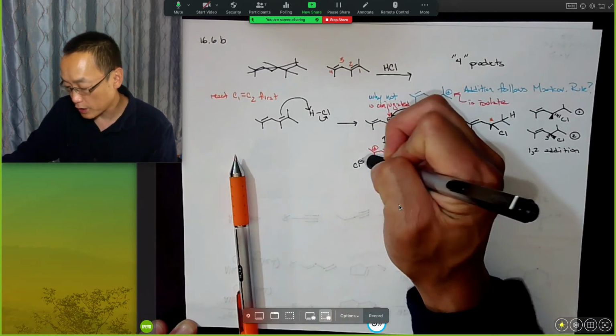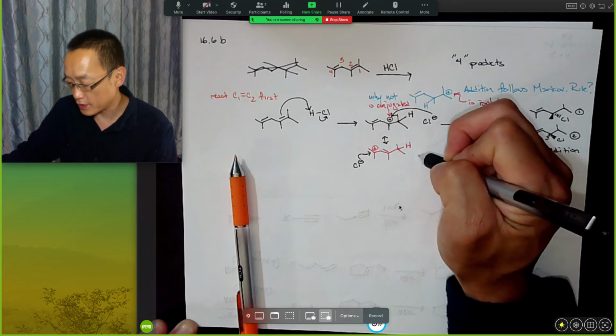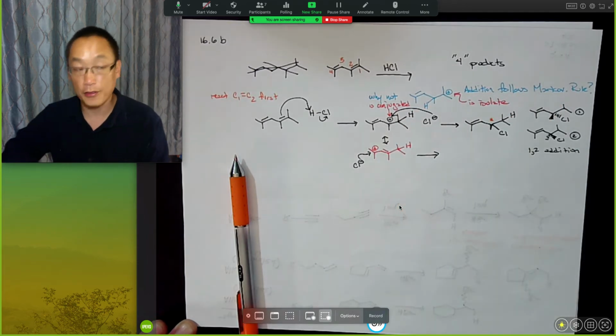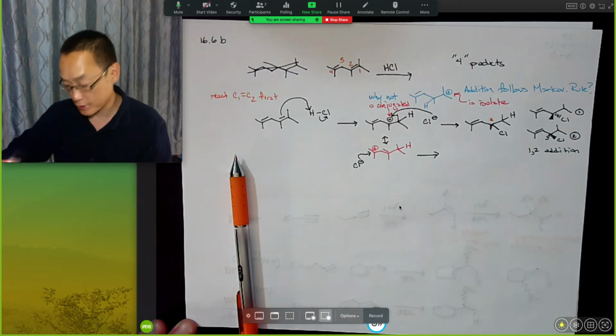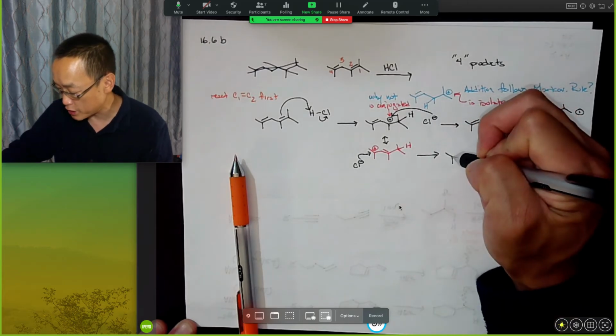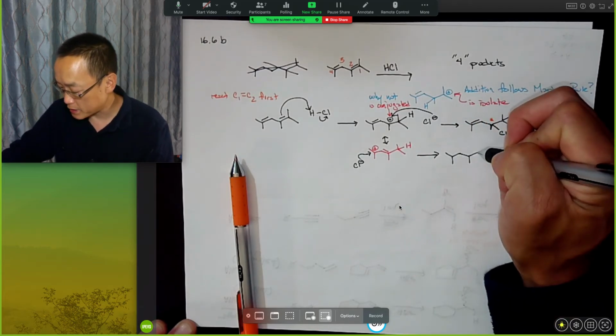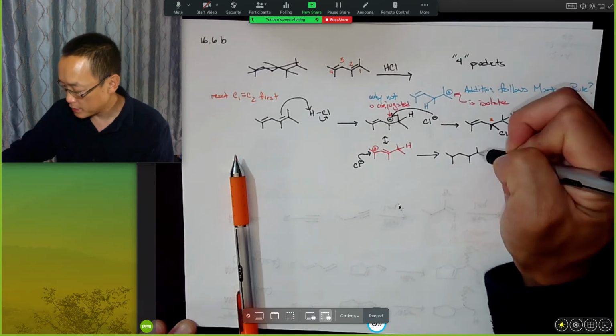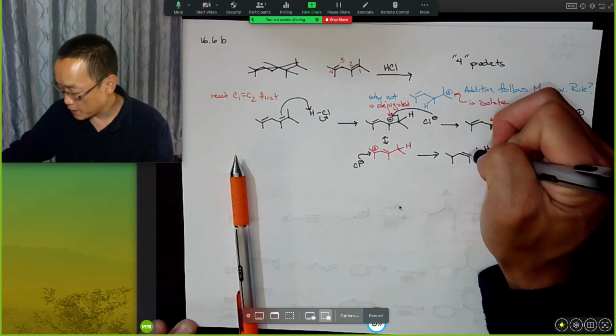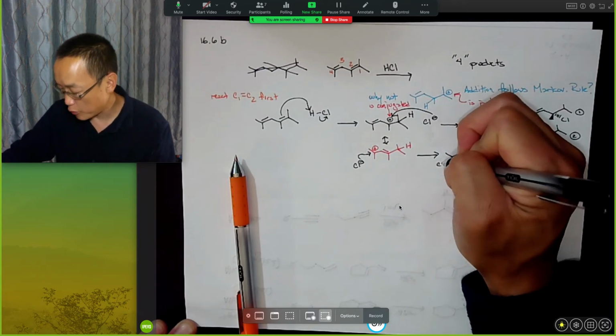We need a little energy to do that. It is the thermodynamic pathway because it requires a little bit more energy, and we would expect to then generate this as a product as well.